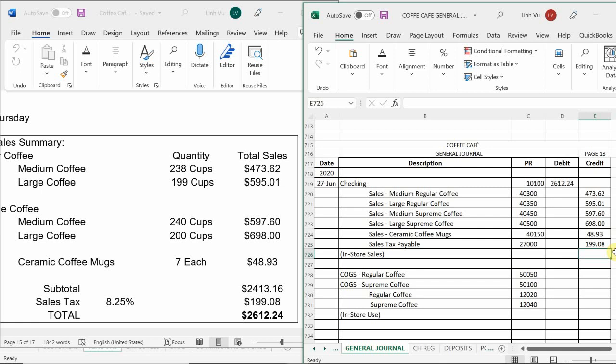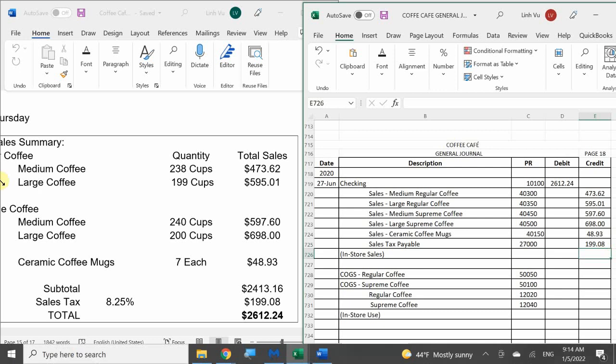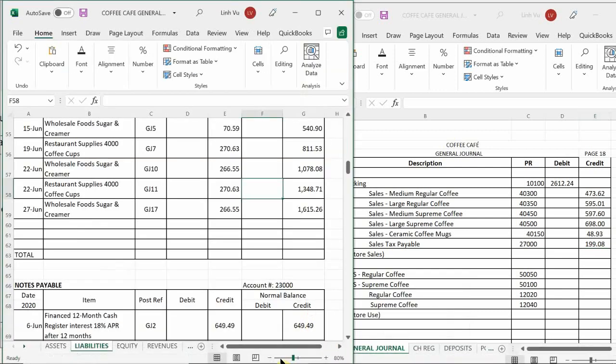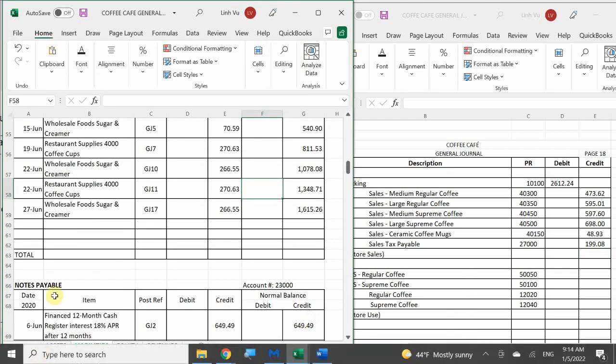Go to the general ledger. Okay, general ledger. Starting off with our checking account.